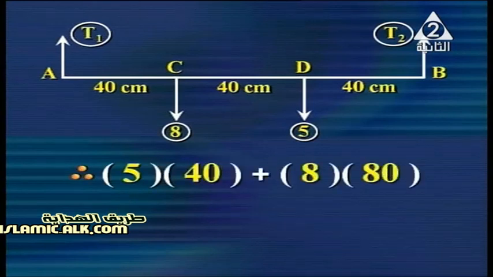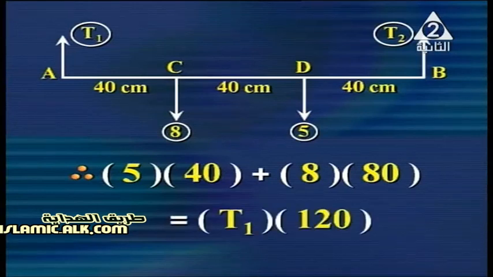Therefore, we multiply 5 times 40 centimeter, where 5 is the weight and 40 the distance between D and B, plus 8 times 80 equals T1 times 120.